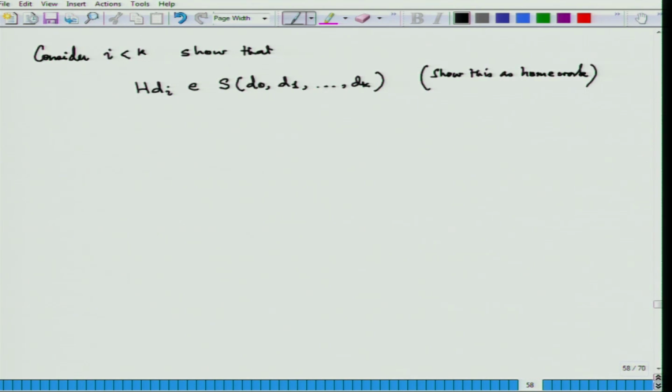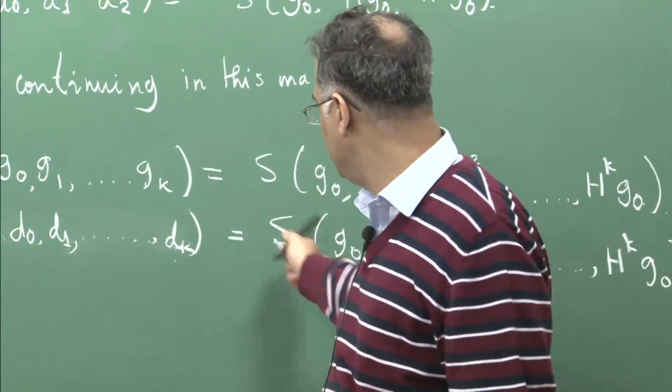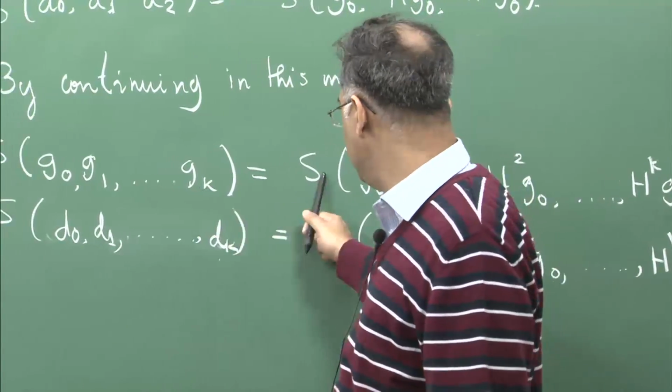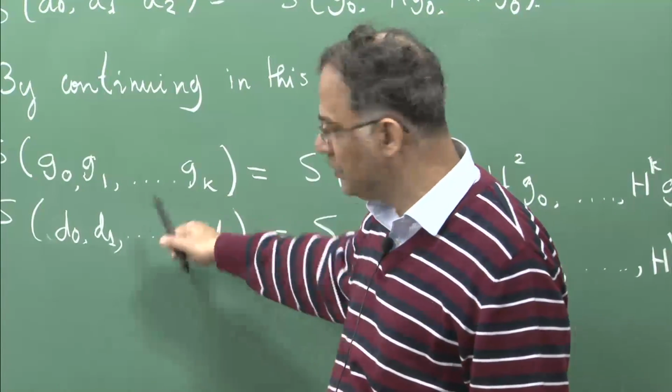Now, once this is true, actually h d i can be shown as a combination of g 0, g 1, g 2, g k and all those things. So, then you can basically show that because this is equal to this, so which means this is equal to this and this is equal to this. So, this is equal to this.